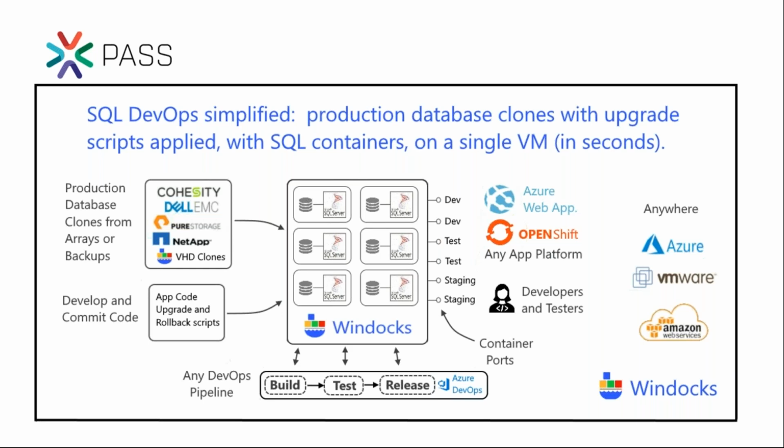We're going to be pulling code from a Git repo, and we're going to be combining that in a complete continuous integration process. And this can be used as a backend to any of the popular scalable front ends. People use this with OpenShift, Azure Web App Service, any variety of forms.